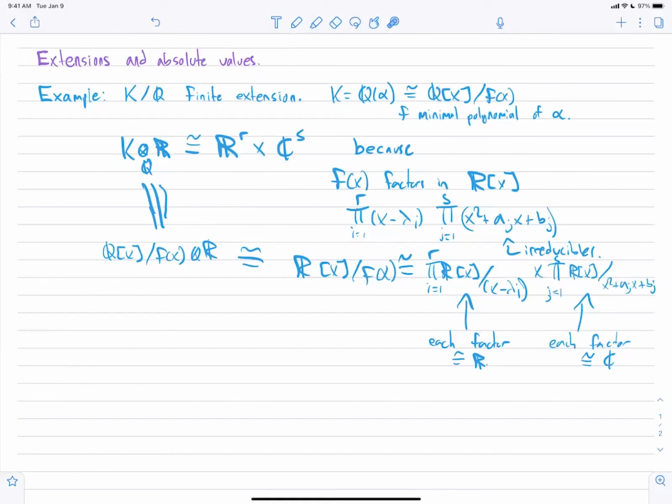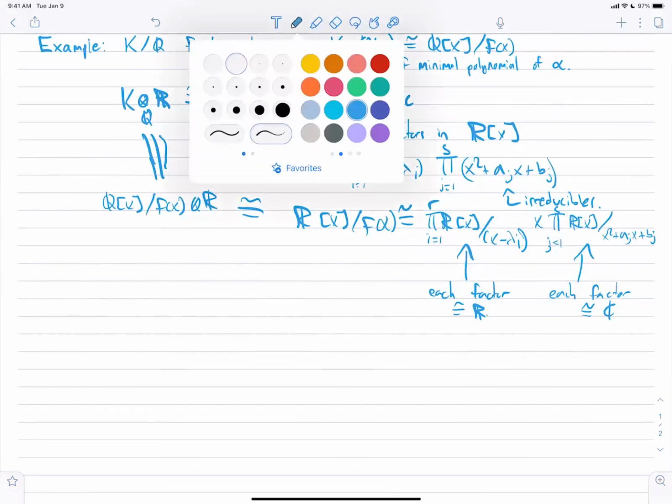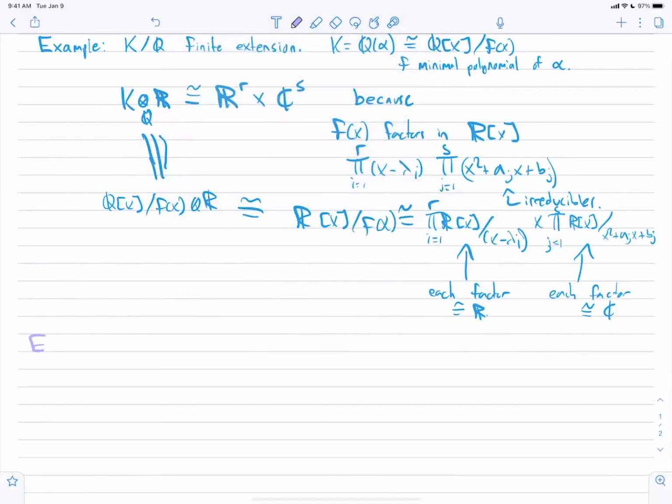And so that let us get some information about this extension of the rational numbers using something we can understand more simply. And we want to do this now with the p-adic numbers too. So continuing the example, something new. So again, we have K over Q, a finite extension.